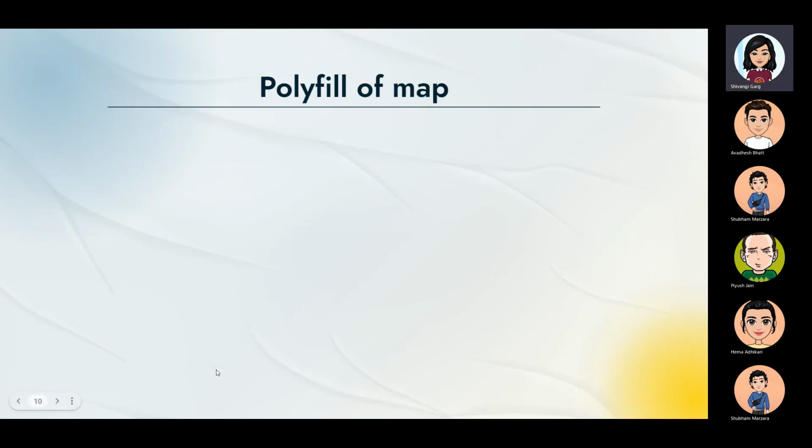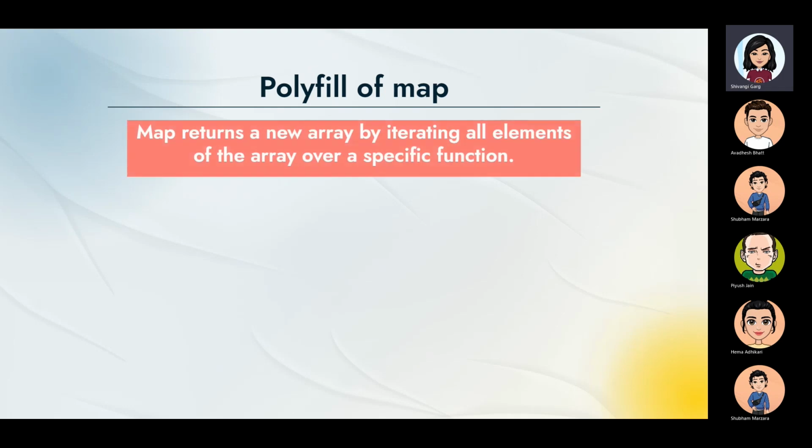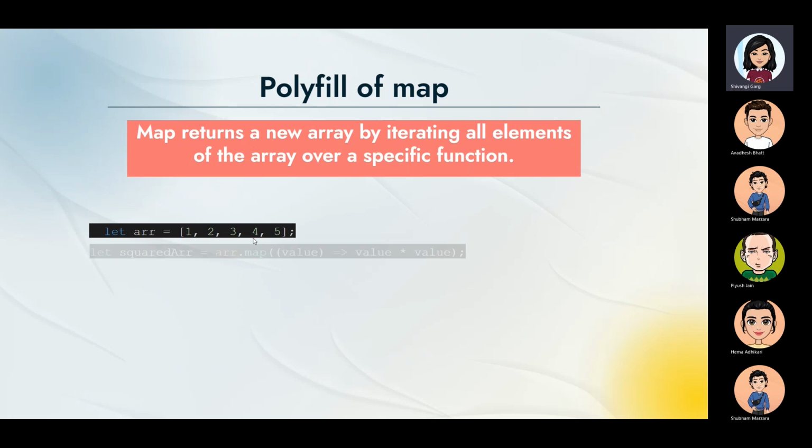So let's create a polyfill of the map function. The map method returns a new array by iterating all the elements of the array over a specific function. Let's suppose we have an array 1, 2, 3, 4, 5, and I am using the map method on this array. For every value of this array, I am multiplying it with itself.